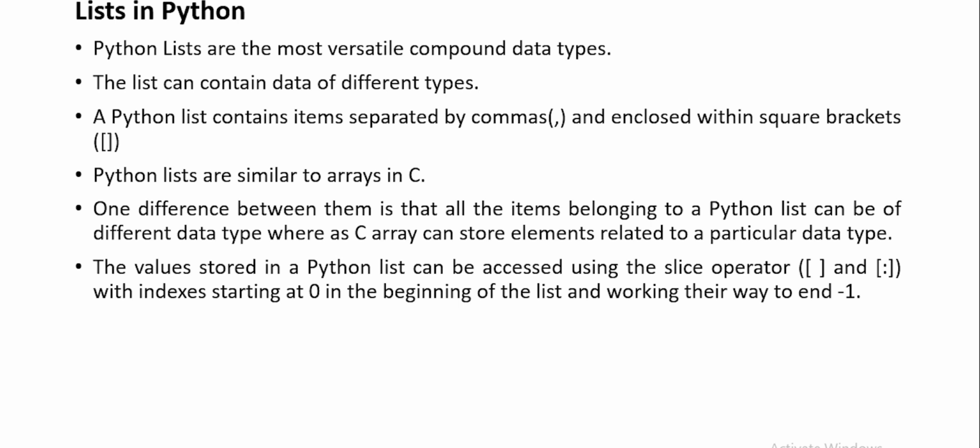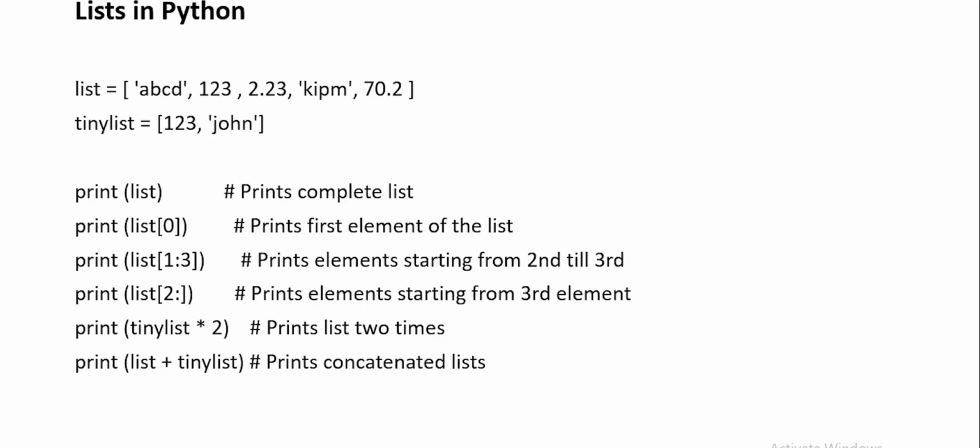With the help of this we can access the items of the Python list. And you know that the index of any array in any programming language starts with 0 and it ends with -1. Which means if you have to see the last element, then you can pass -1 as an argument in the Python list. So this is the syntax of list.